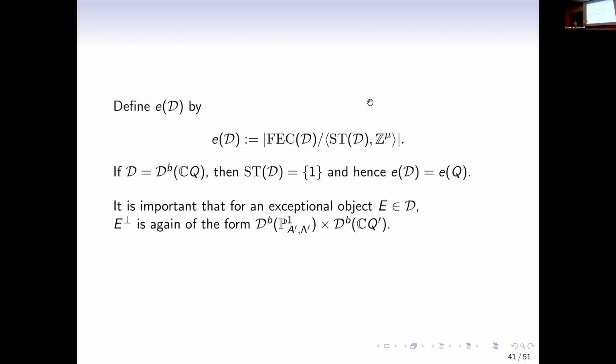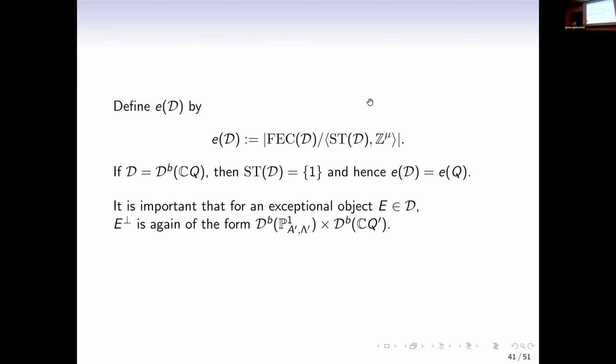Then we consider this number. Now, not only this, but we divide by this automorphism. And if we consider the tame quiver case, then there is no spherical object, so this is the trivial group. So this definition reduces to the previous one.